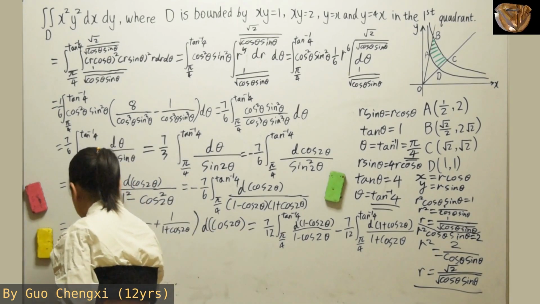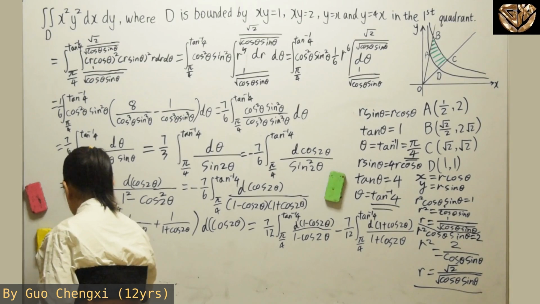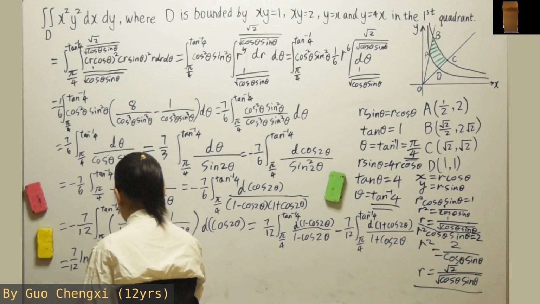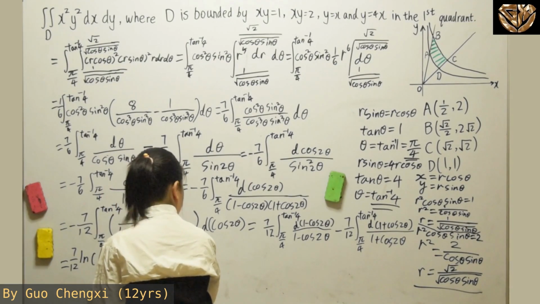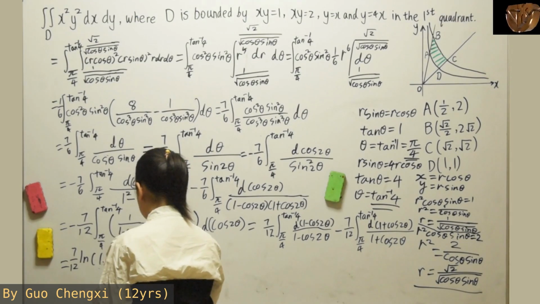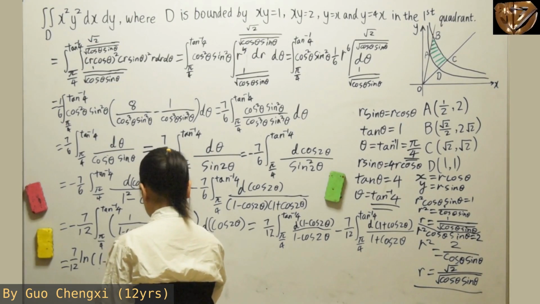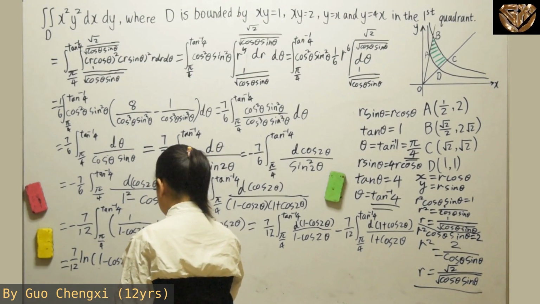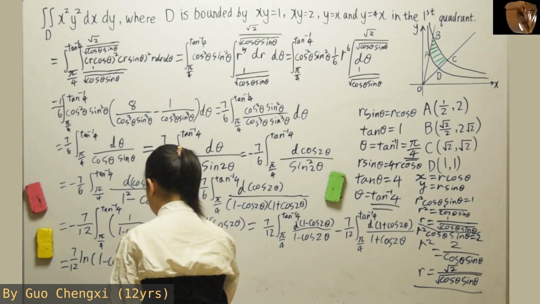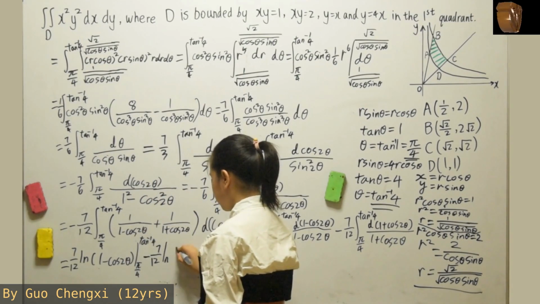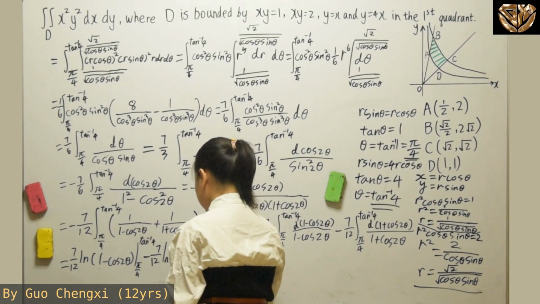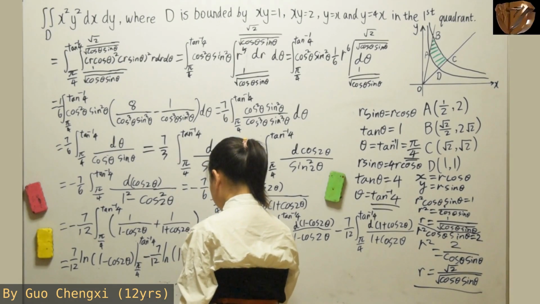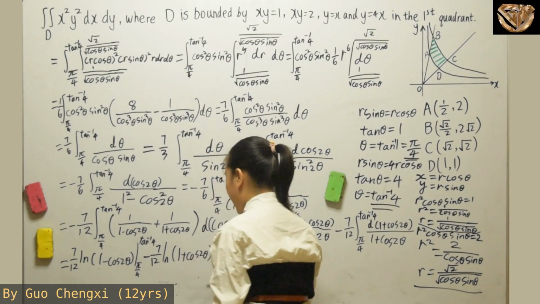So over here you have 7 over 12 ln 1 minus cosine 2 theta, then inverse tangent 4, then you minus 7 over 12, and this is what you get.